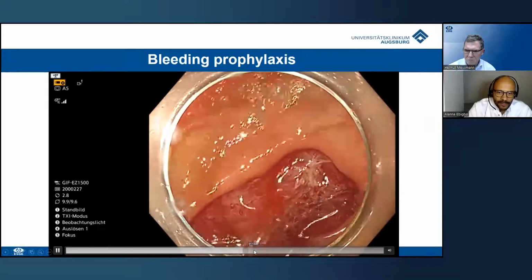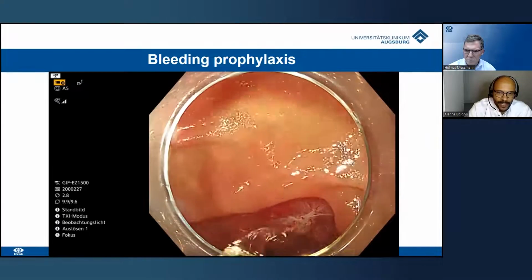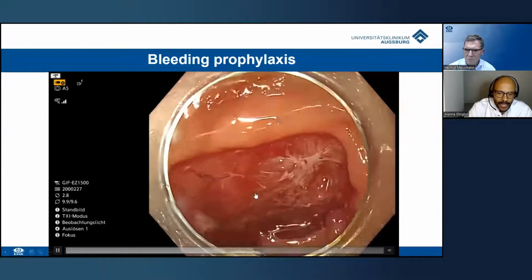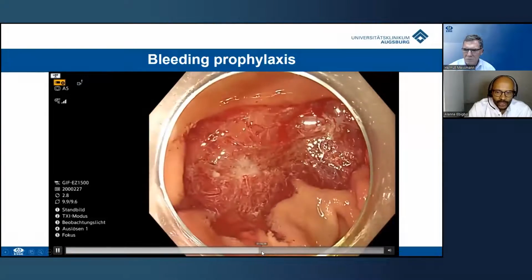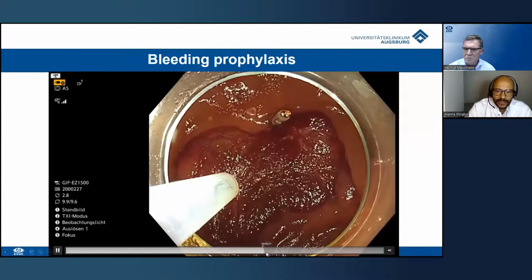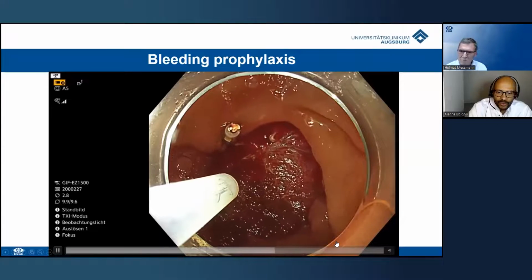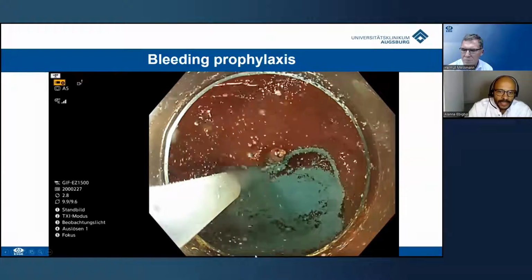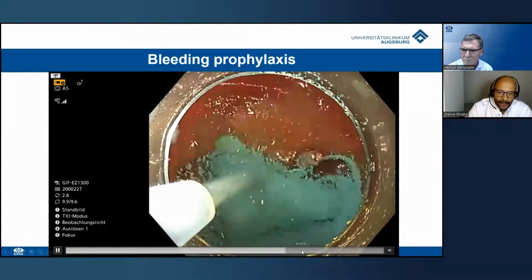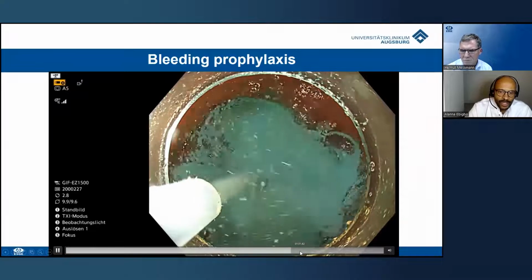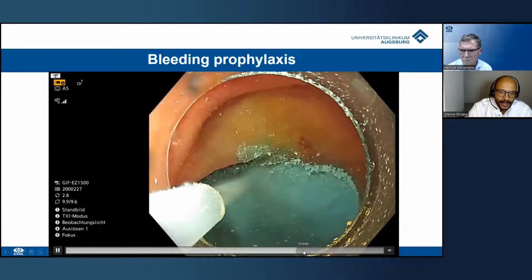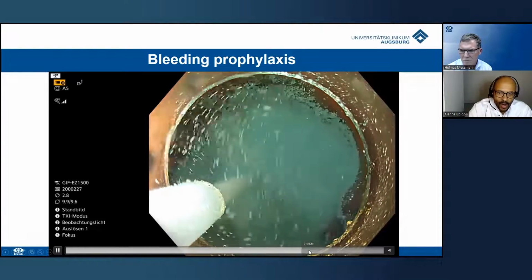So the approach I would like to present to you in this case is shown here now. This is the end of the procedure, and as you can see up there in the 12 o'clock position, a visible vessel, not just a visible vessel, but also a vessel that is bleeding slightly. So I prefer to use a small clip to approach this vessel. And then after this, use prophylactic Nexpowder or a topical agent.